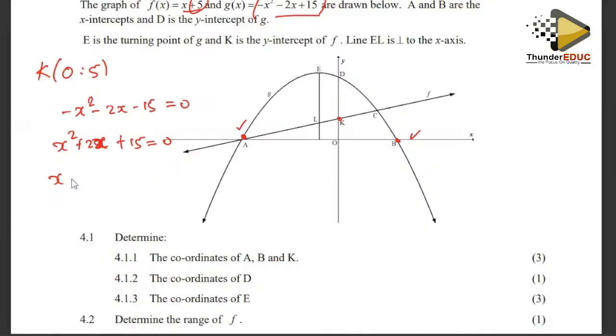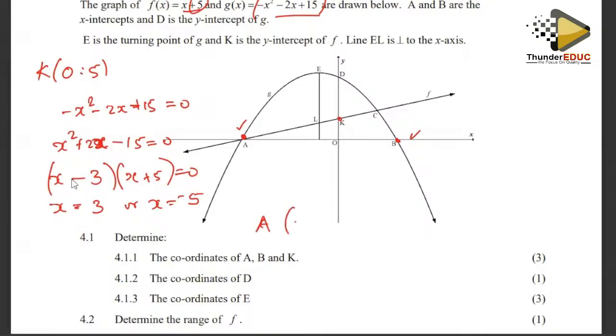When you open your brackets, we're going to have (x minus 3)(x plus 5). So either x is 3 or x is negative 5. So A is negative 5 and 0, then B is 3 and 0.